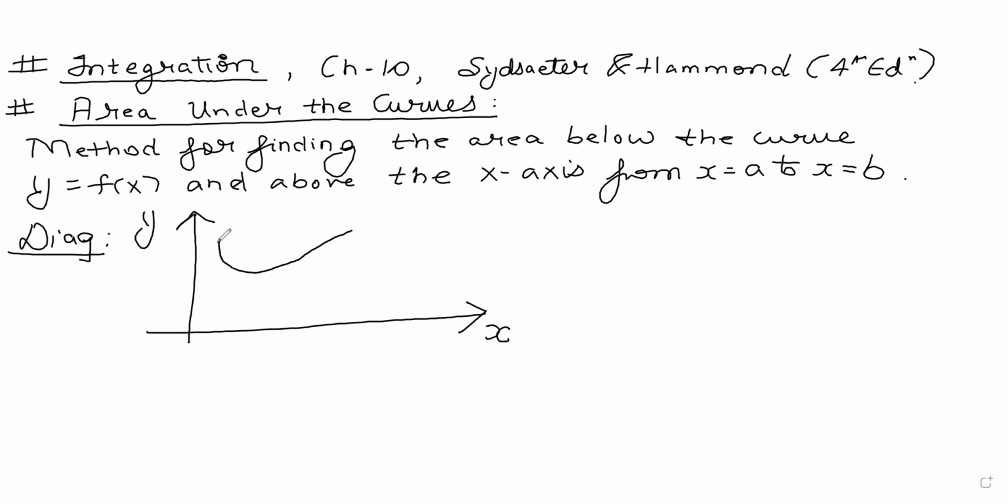Suppose this is my function y equal to f of x. I am interested in finding the area above the x-axis below the curve from x equal to a to x equal to b. So this is the area we intend to find out.